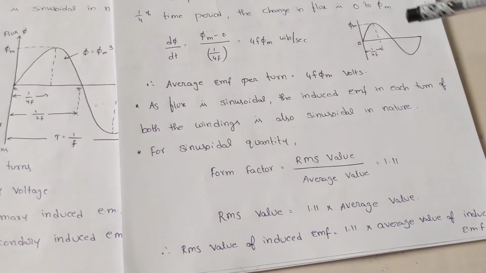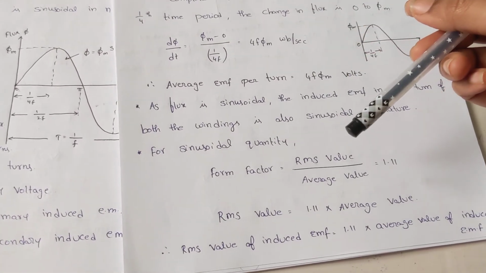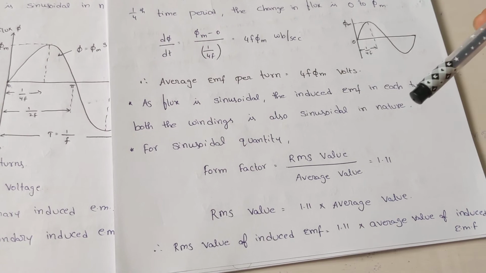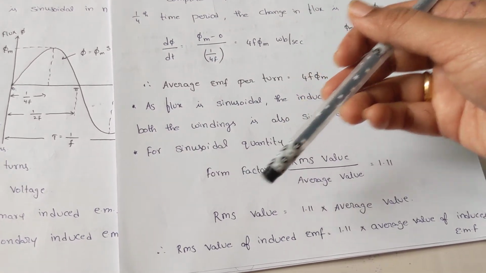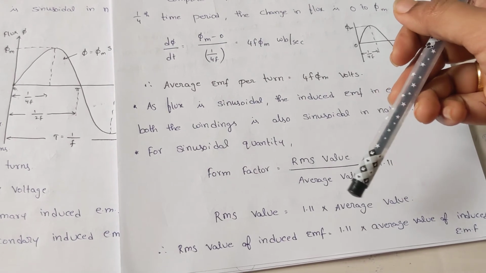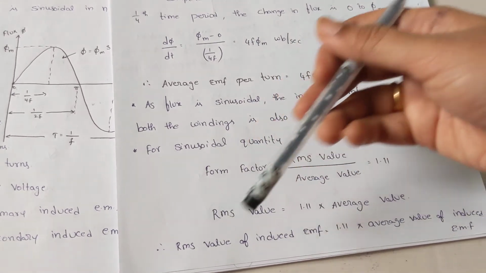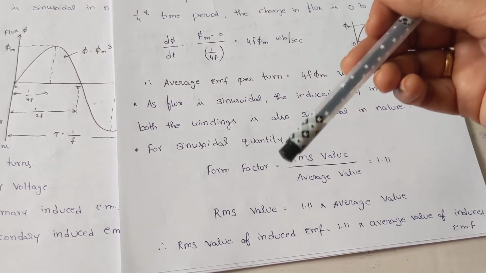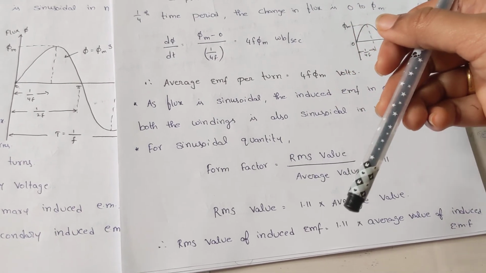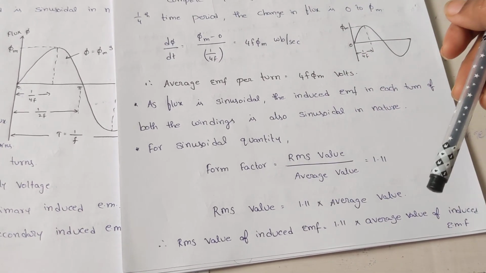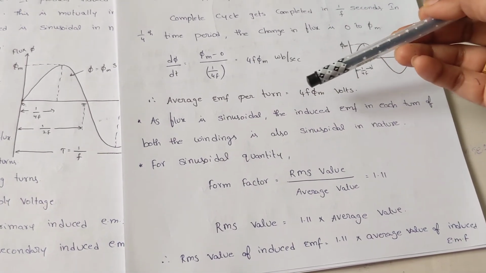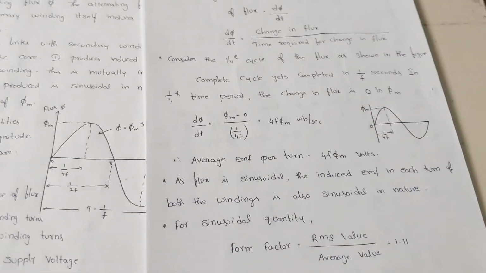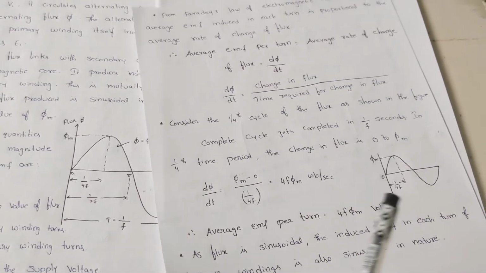For a sinusoidal quantity, the form factor equals 1.11. So RMS value of induced EMF equals 1.11 times the average value of induced EMF. I already know the average value is 4f phi m, so I simply substitute that to find the RMS values.